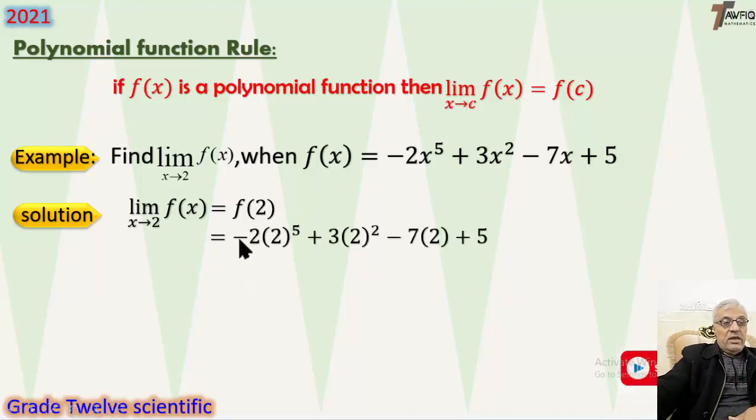Therefore, it becomes minus 2 to the power 5 plus 3 times 2 squared minus 7 times 2 plus 5, which is equal to minus 64 plus 12 minus 14 plus 5, which equals minus 61.